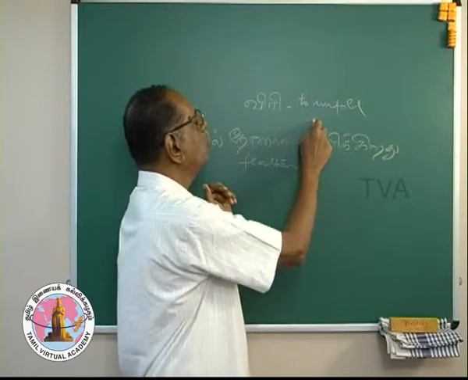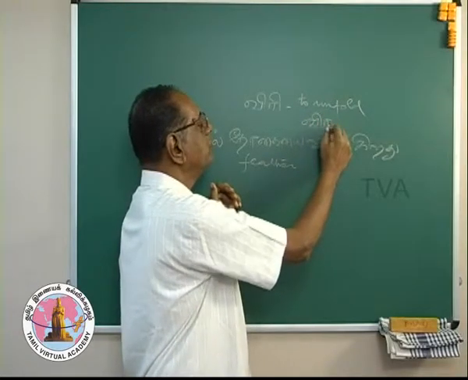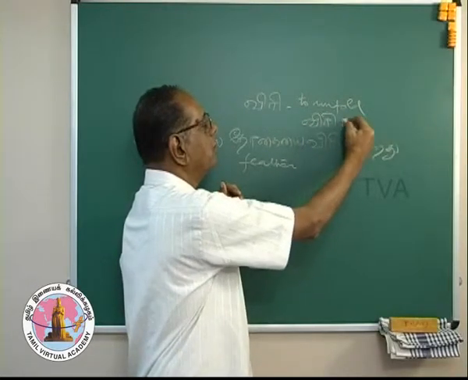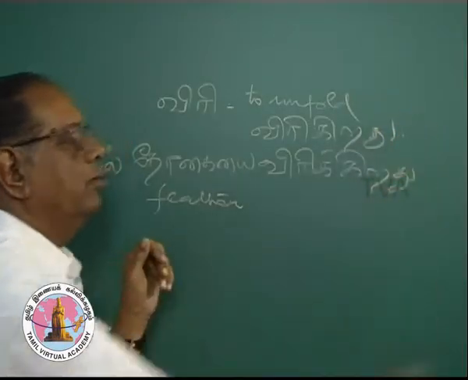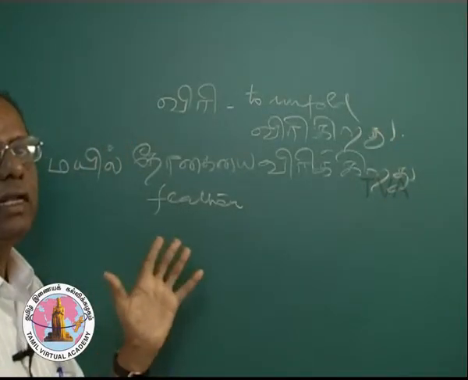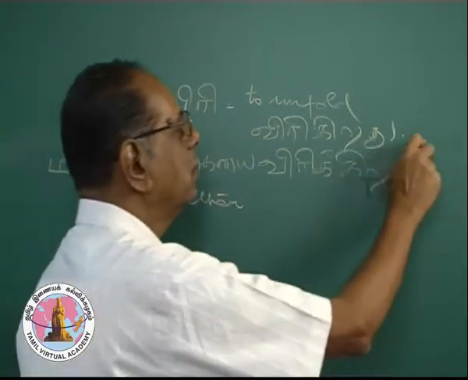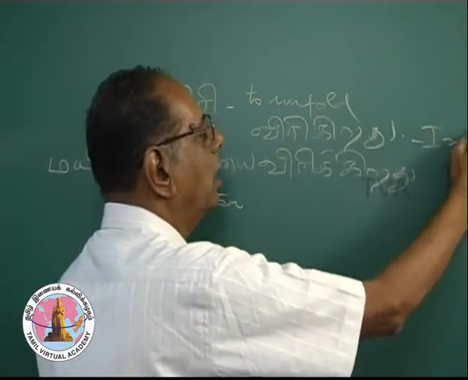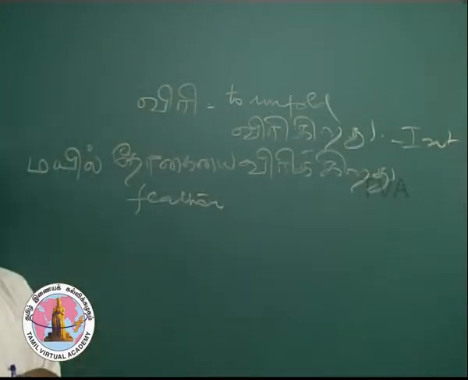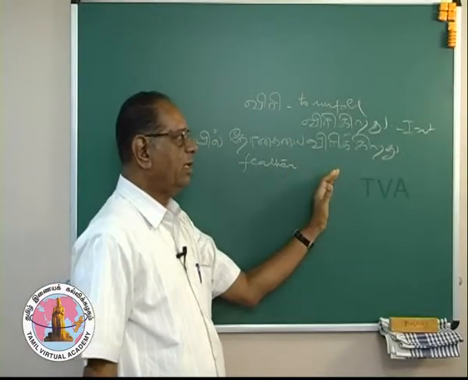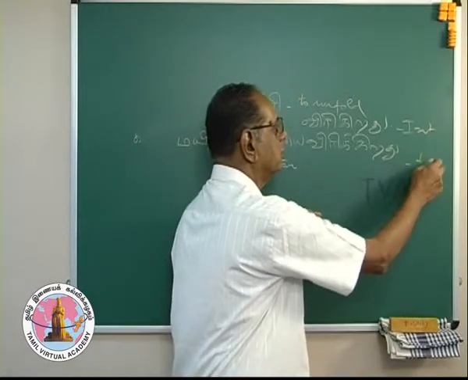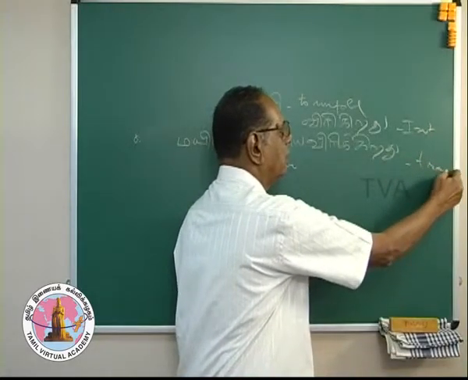What did I do in the previous verb? We saw விரிகிறது. That is intransitive. மயில் தோகையை விரிக்கிறது. Transitive.